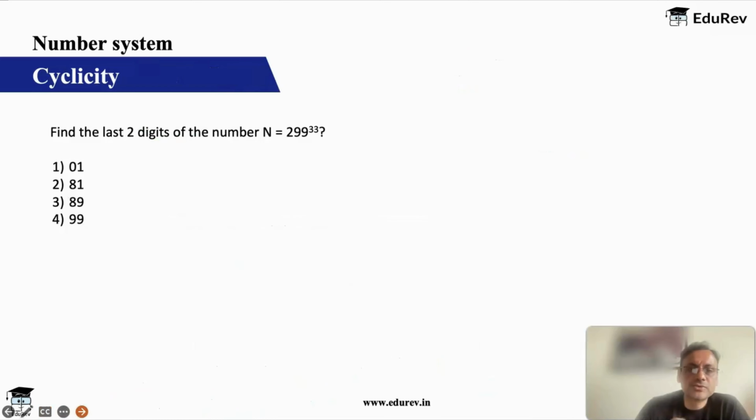So using that concept, why am I using that concept? Because you can see 299 is very close to a multiple of 100, which is 300, right? So 299 to the power 33 can be written as (300 minus 1) to the power 33.